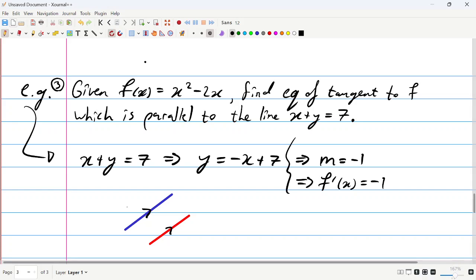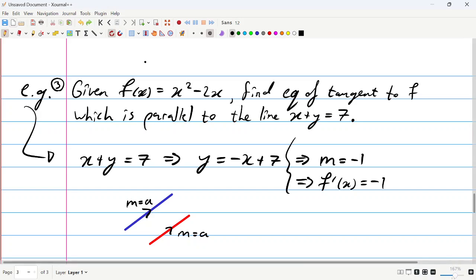But the gradient of this, right? The gradient of the function here, let's say it's equal to a. This would also be the gradient of a. Why? Because the slope is exactly the same. The slope is essentially just the gradient. So what that means is that the gradient of this line is the same as the gradient of the function here, if they're parallel to each other, because the key word is parallel.